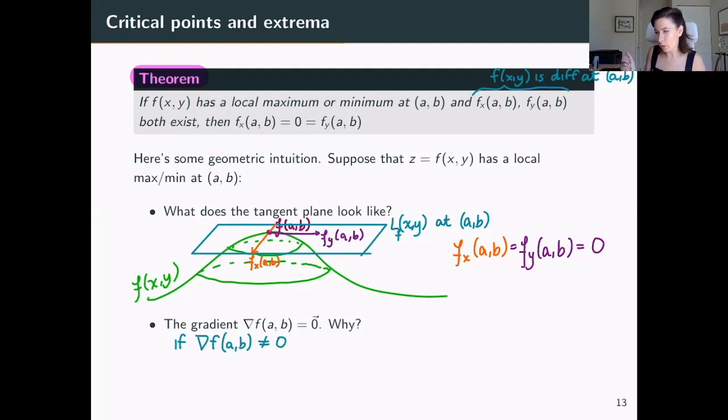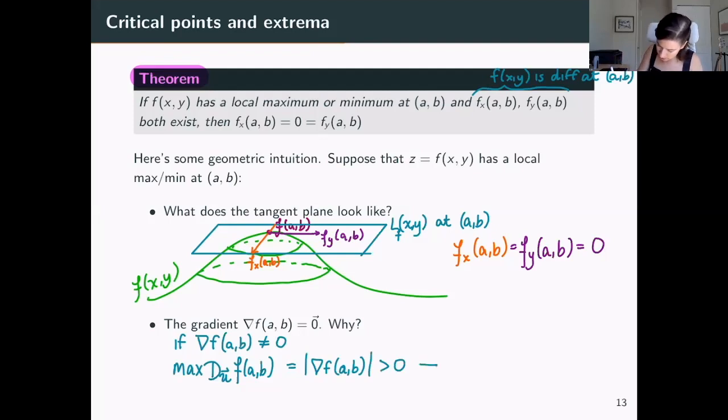So we know that in this case, the maximum of the directional derivative of f at (a, b) is going to be equal to the magnitude of the gradient at (a, b), which we know is going to have to be a positive number based on our definition of the gradient.